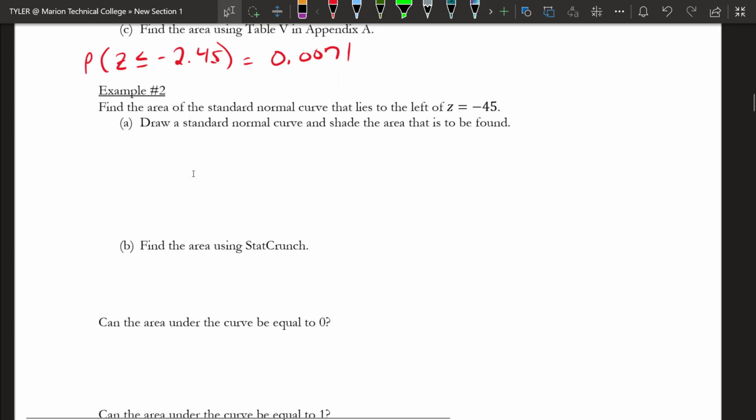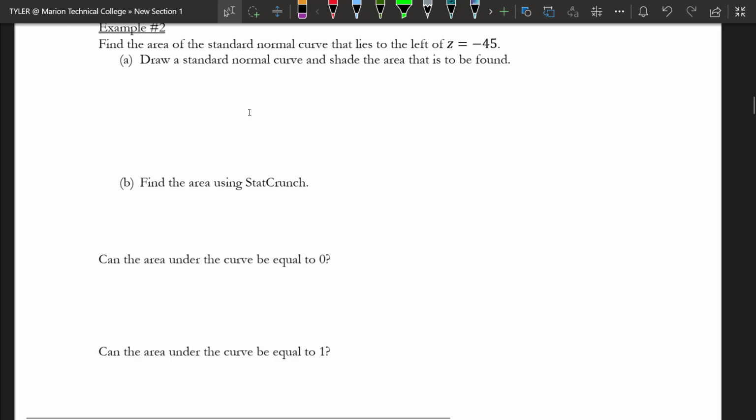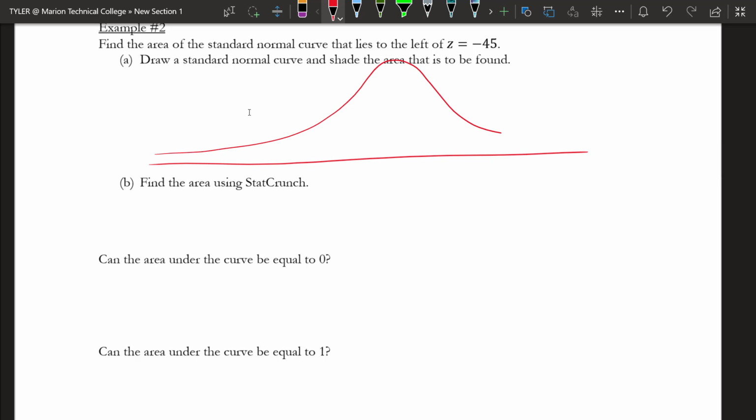Right, so then example 2. Similarly, we're finding the area to the left of the z value, but our z value here is negative 45, right? So that's a really small z value, and I did this intentionally so we can look at a phenomenon that's addressed in the textbook.